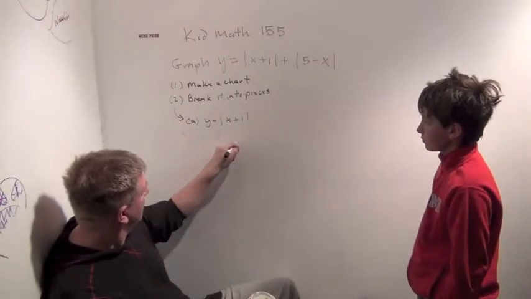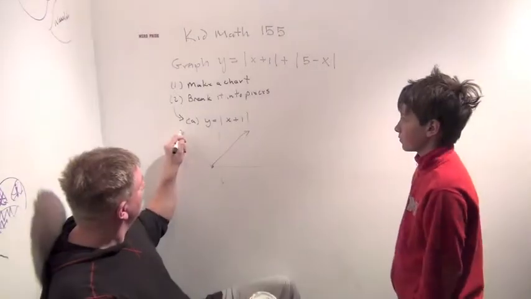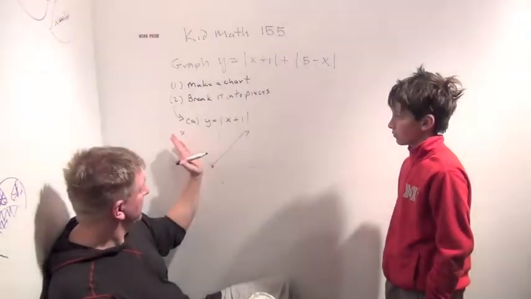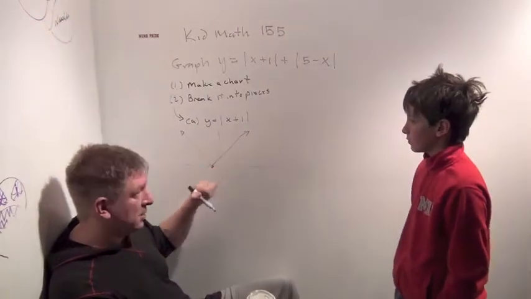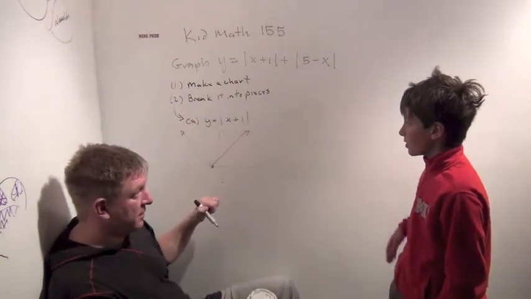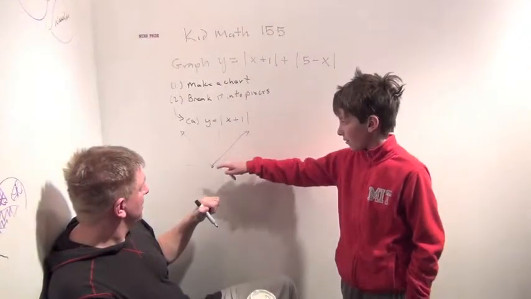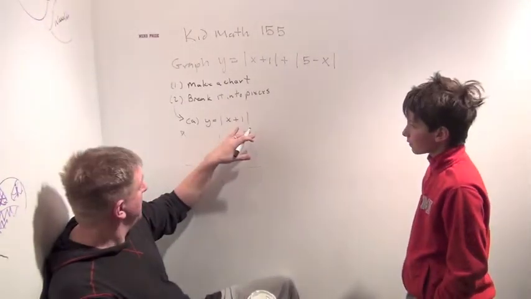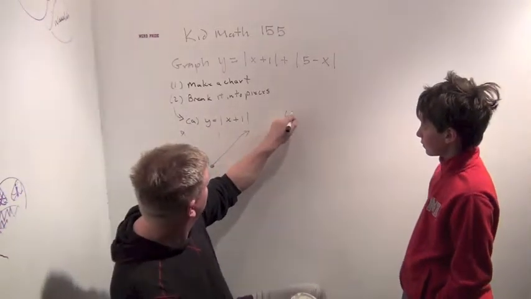This looks like our normal absolute value with a slope of plus 1 here and minus 1 here. And it's just shifted which way, left or right? It's shifted in the negative direction.